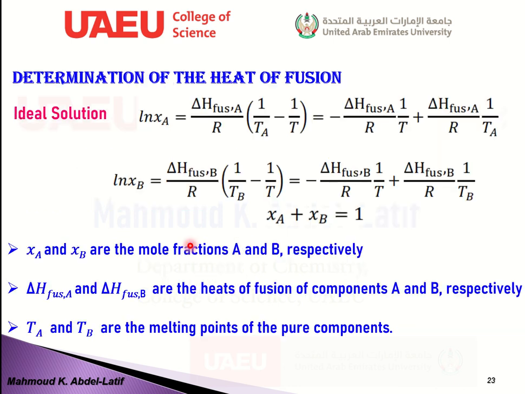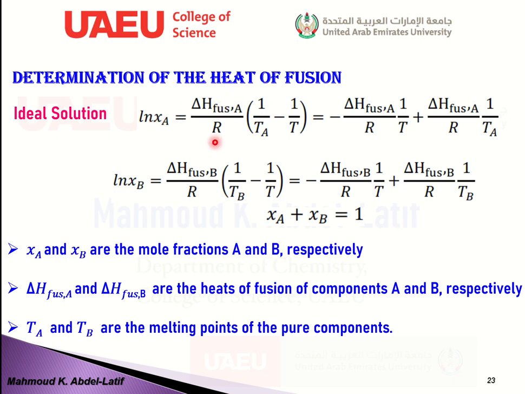Let us keep going. Our task today is just to determine the heat of fusion of pure A and pure B. For an ideal solution, there is a relationship between the enthalpy of fusion and the mole fraction.